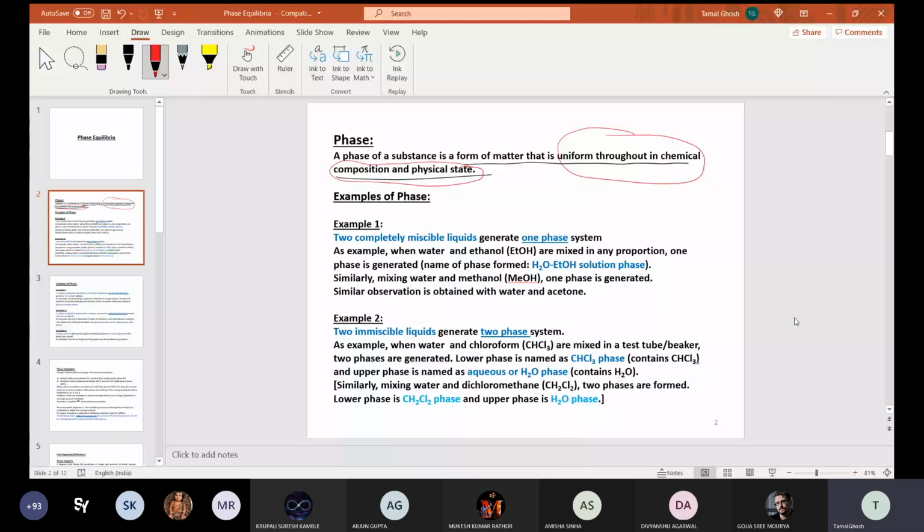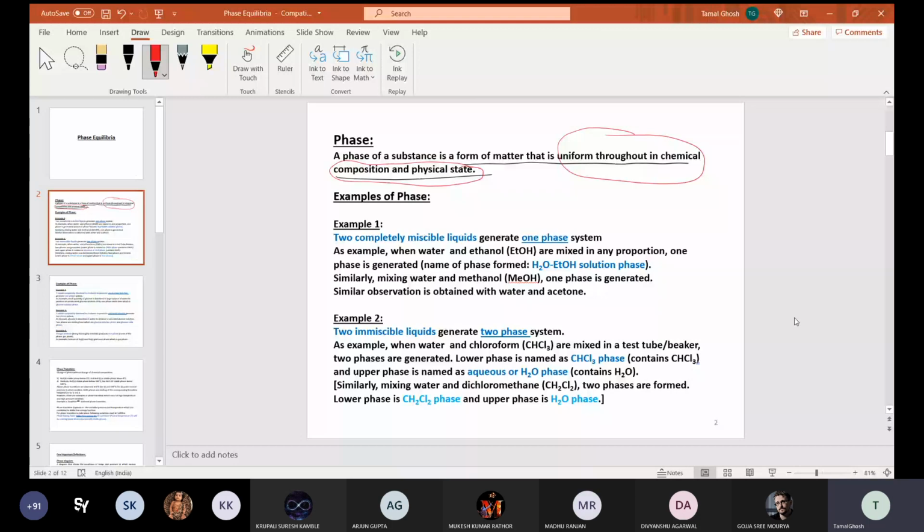Two miscible liquids we are going to consider. We can take an example like water and ethanol, or someone can consider water and methanol, or water and acetone. So three examples are given here.